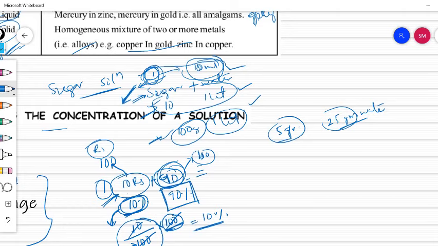So the mass percentage of sugar is 5 grams over the total, 25 plus 5, 30, into 100. So how much will it be? I think around 16%. If I am wrong, you just calculate.